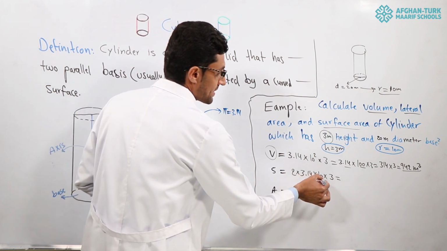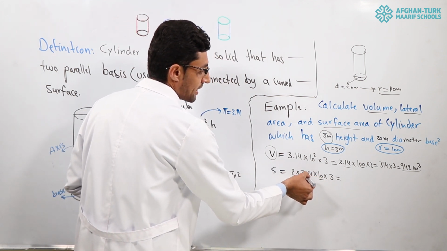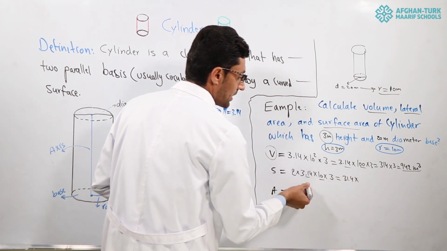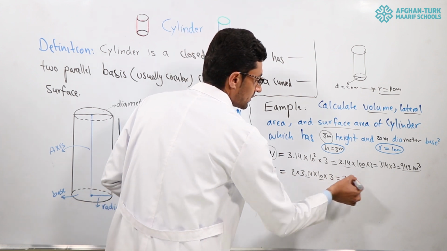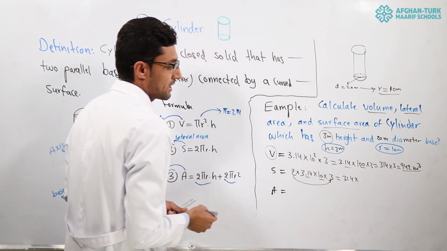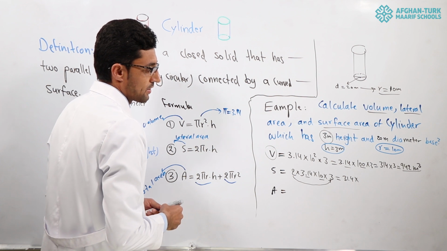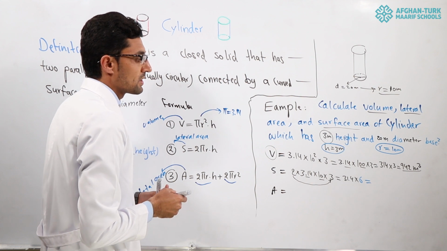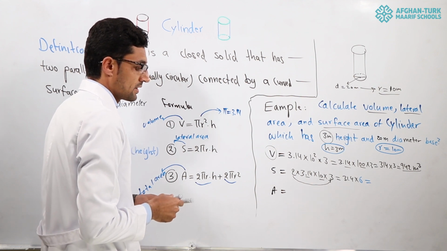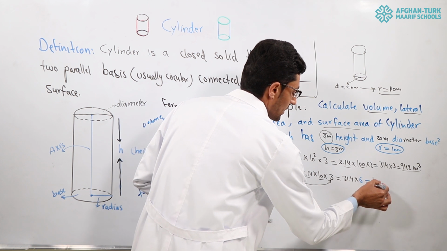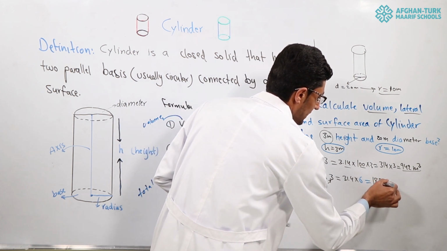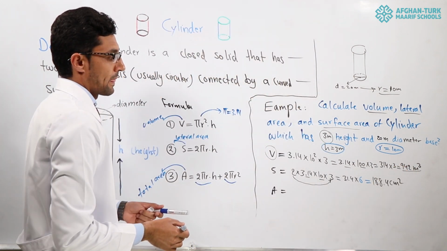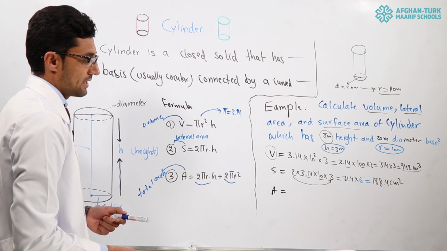The 0 of 10 will be cancelled with 1 decimal, and we will have 31.4 multiplied by 2. 2 multiplied by 3 is 6, which is equal to 6 multiplied by 31.4, which is 188.4 square meters.